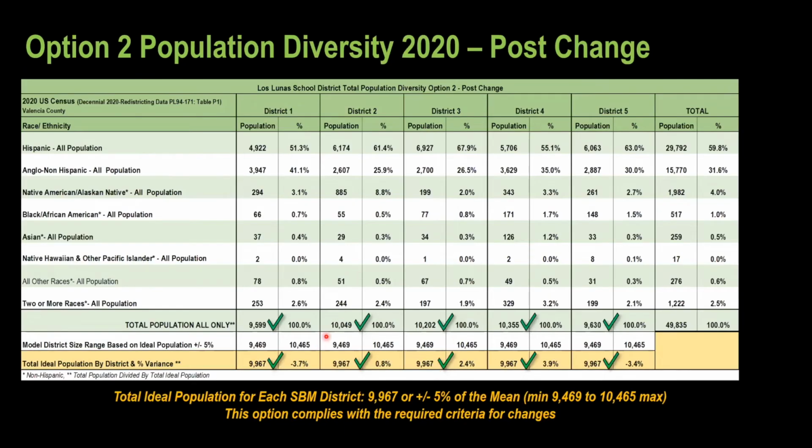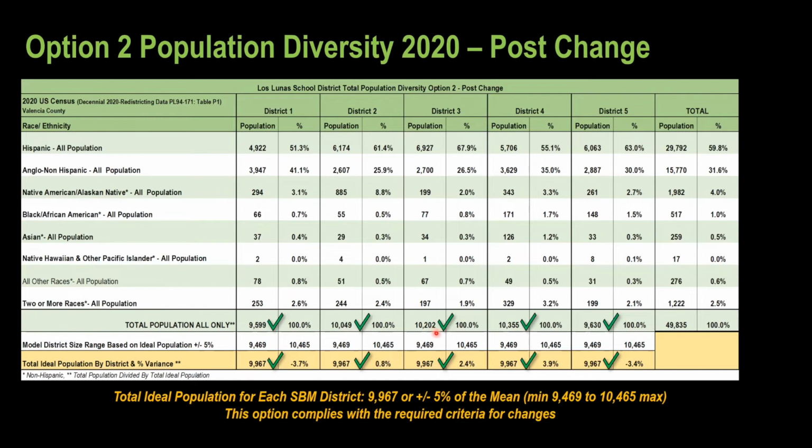Again, so we need to go through and double check our numbers and see where we're at. District 1 at 9,599, we're below 3.7% of our ideal at 9,967. And then in option 2, District 2 at 10,049. We're 0.8% over.